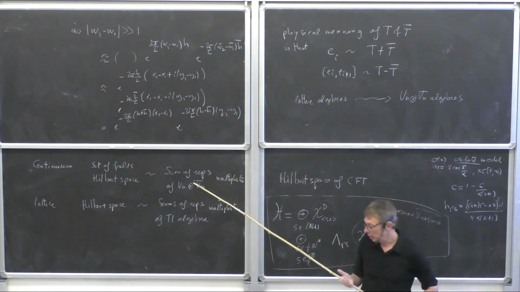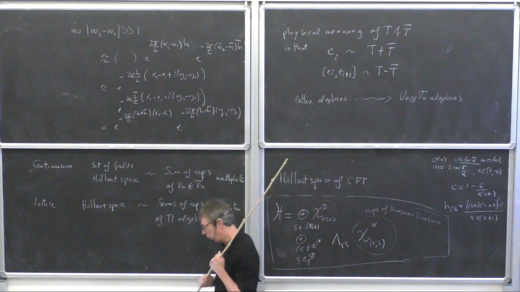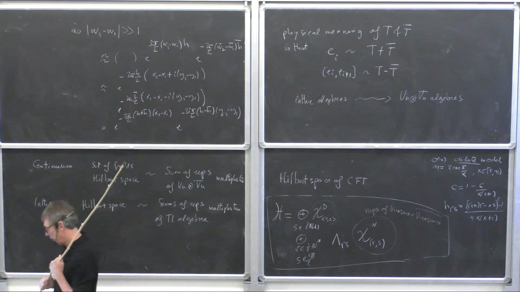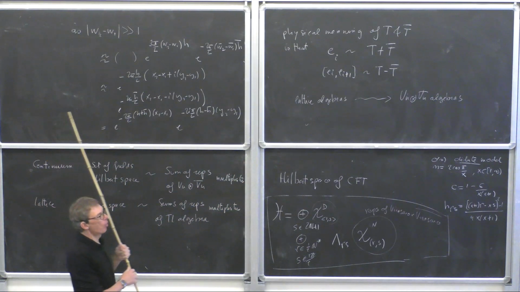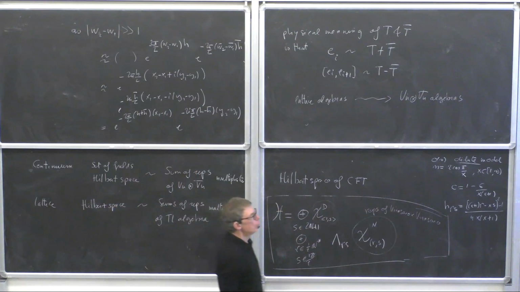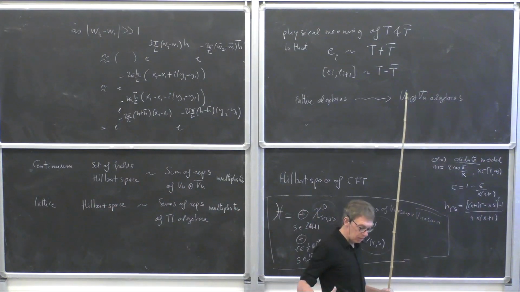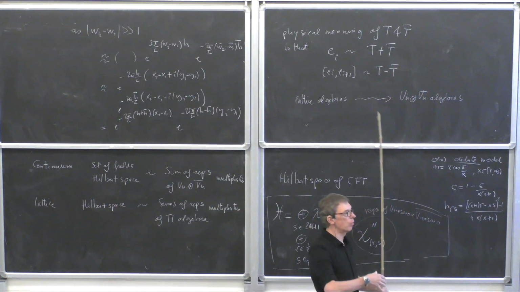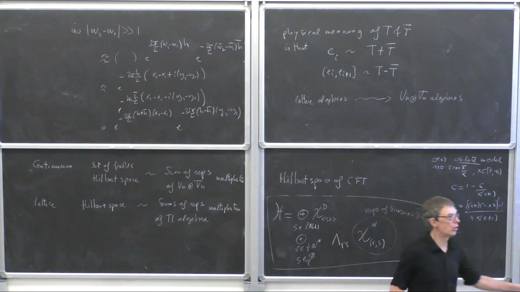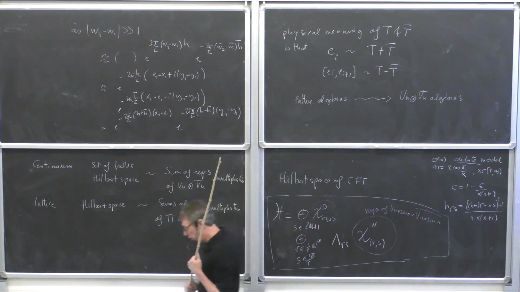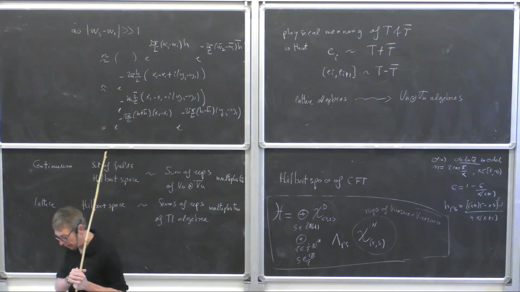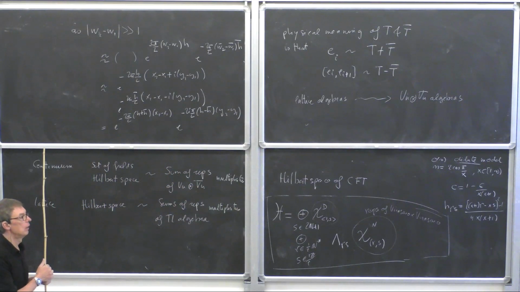Third point, it also hints that if you want to define ON for n generic, not integer, you're going to have problems in general, and you may be forced to allow for groupings of ON representations into larger representations. What the larger representation exactly means is a little bit mysterious.